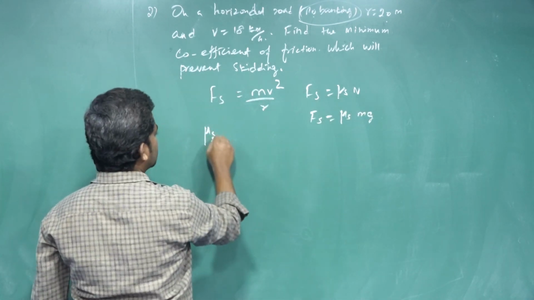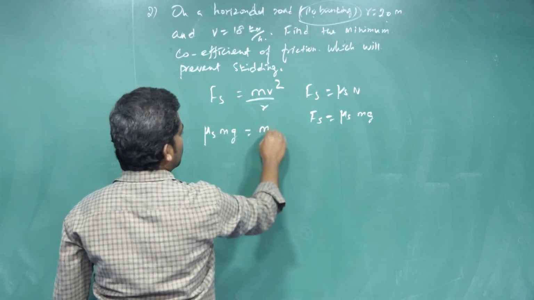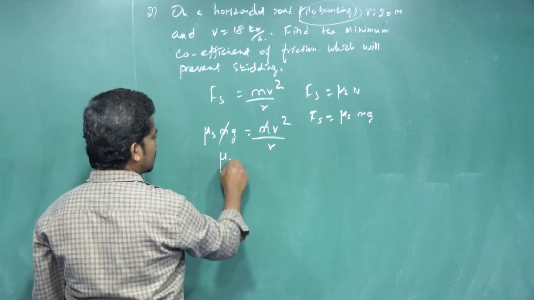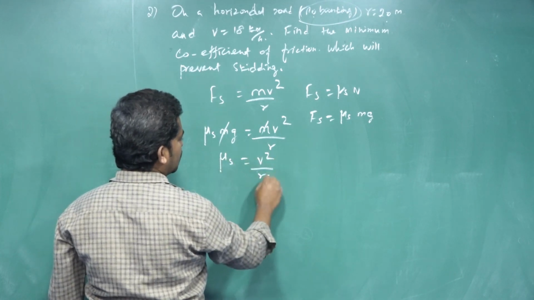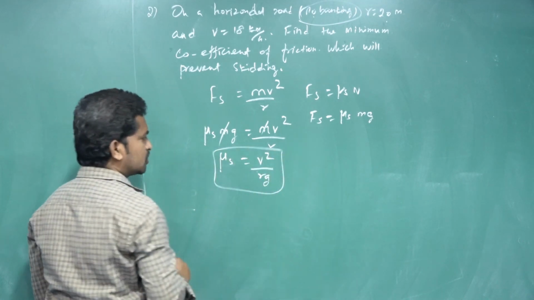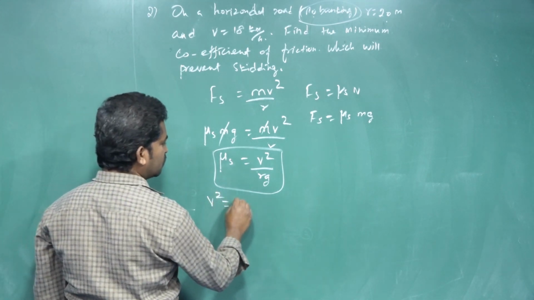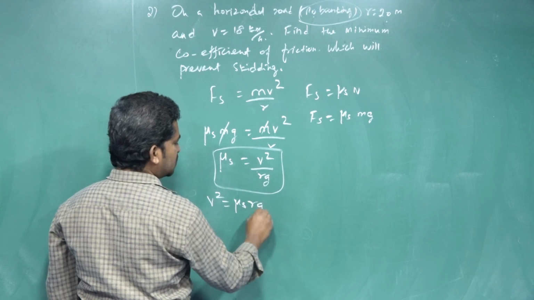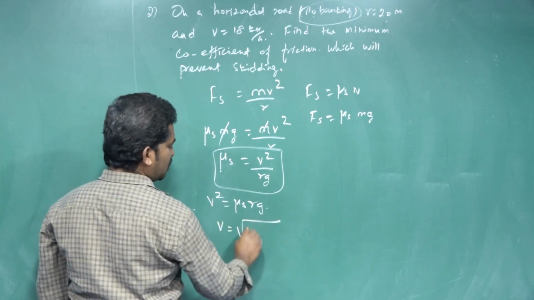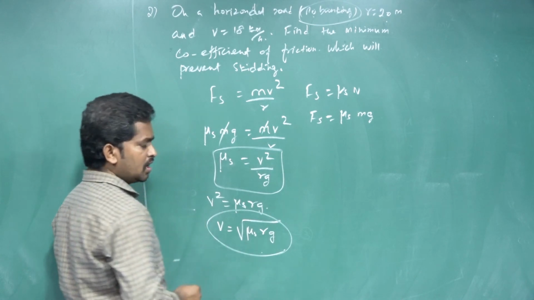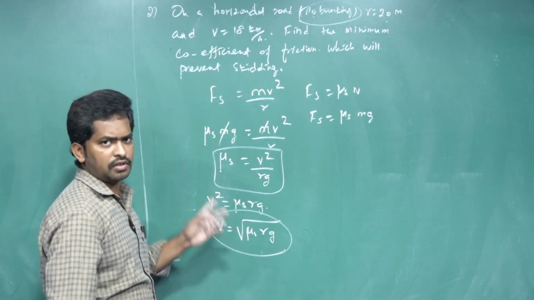So mu s mg is equal to mv square divided by r. M cancels, so mu s is equal to v square divided by rg, or v square is equal to mu s rg, and V is equal to square root of mu s rg. The velocity of the vehicle is independent of the mass of the object.